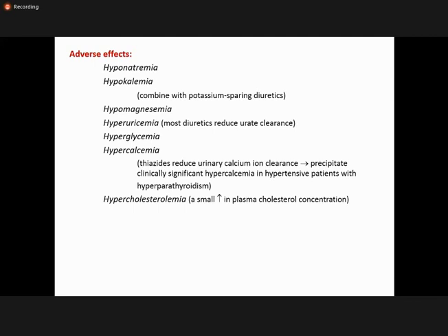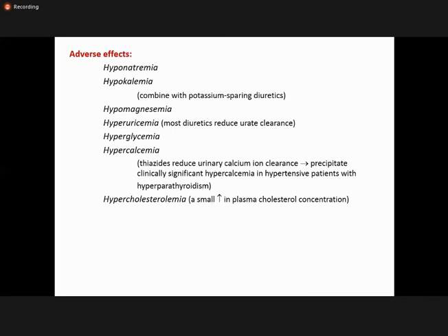So when an excessive amount of potassium is excreted, it will cause a hypokalemic state, hypomagnesemia, hyperuricemia. Most diuretics reduce uric acid clearance, so it may cause a hyperuricemic state. So that means if a patient has a history of gout, they have to be very, very careful to start therapy with this drug.